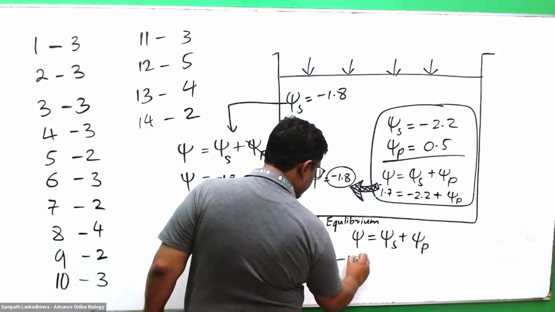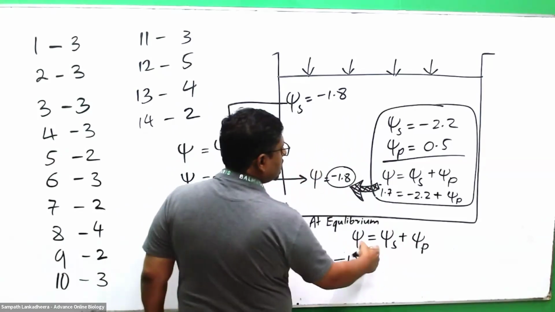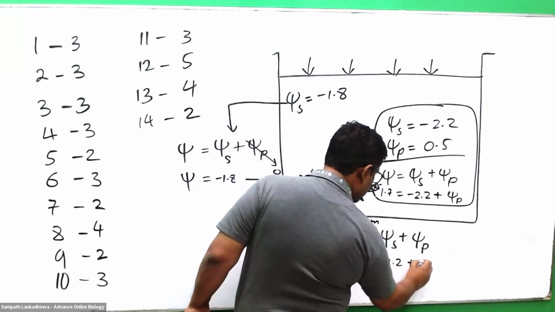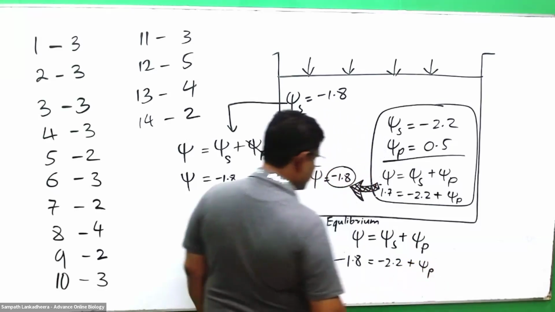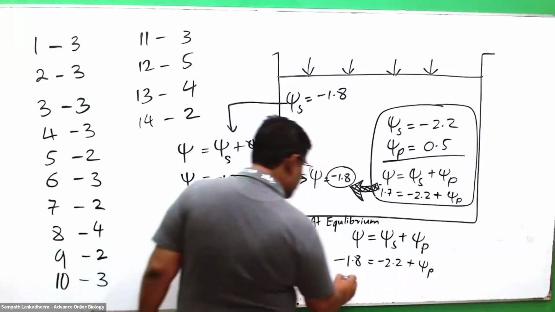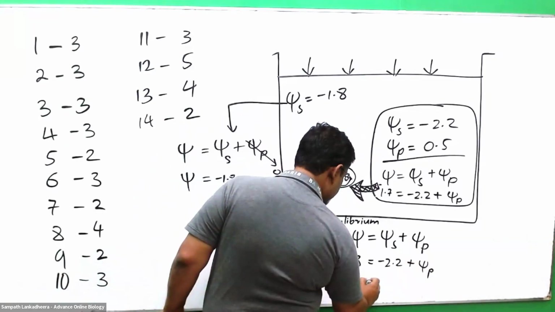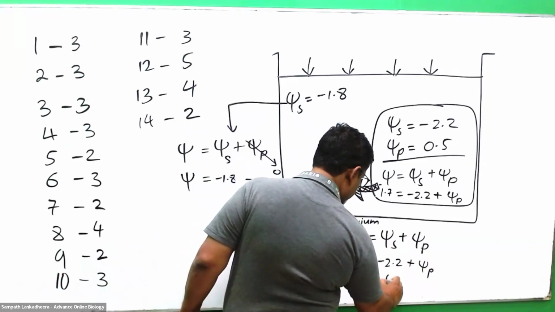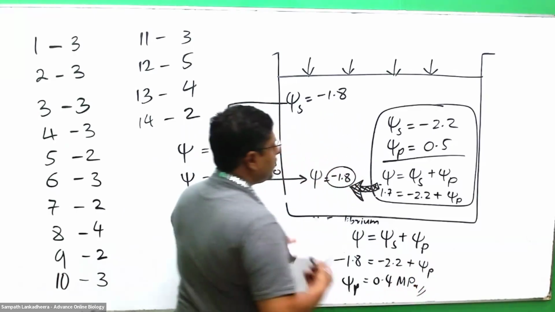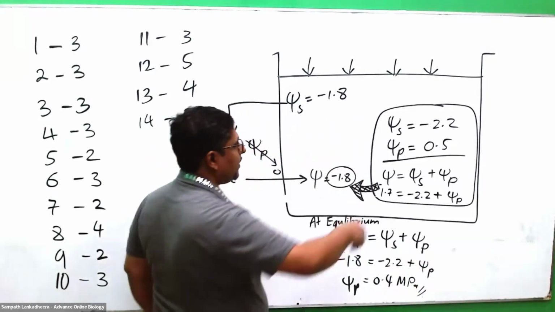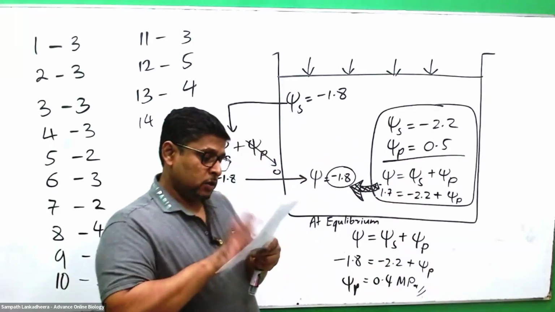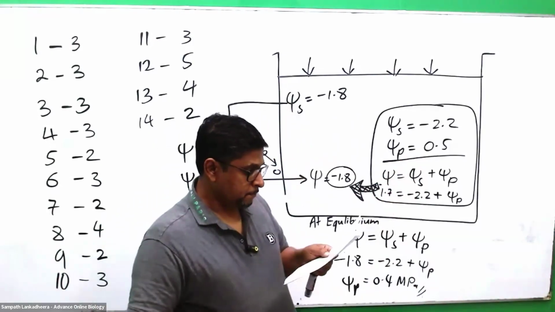So minus 1.8 is the cell water potential. Cell solute potential is not going to change. The new pressure potential you have to find. So you can find that pressure potential, psi P value. This goes to this side and becomes positive. So 0.4 megapascal is the new pressure value. Previously it was 0.5. Now it has dropped down to 0.4. So this statement is valid.